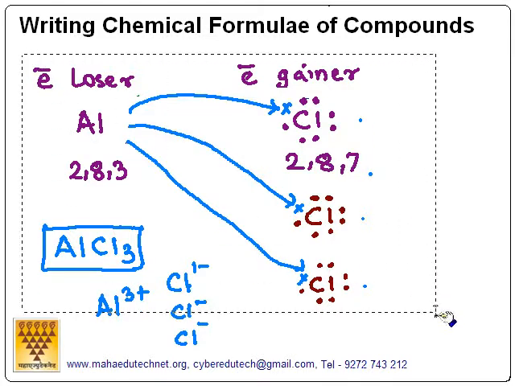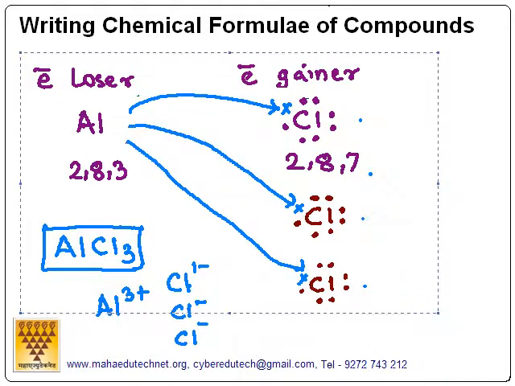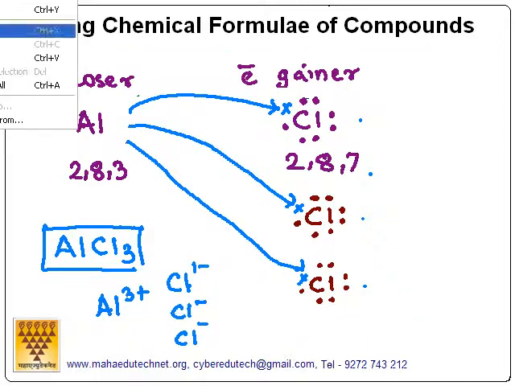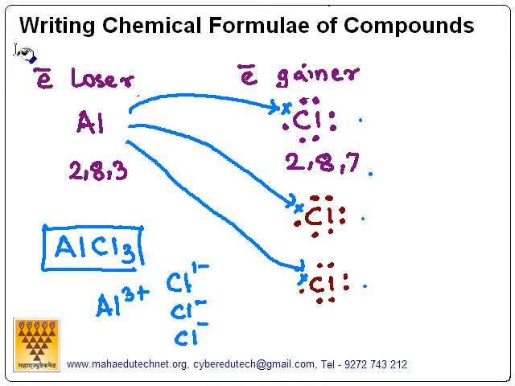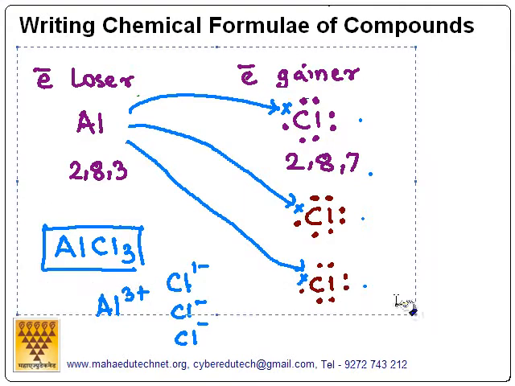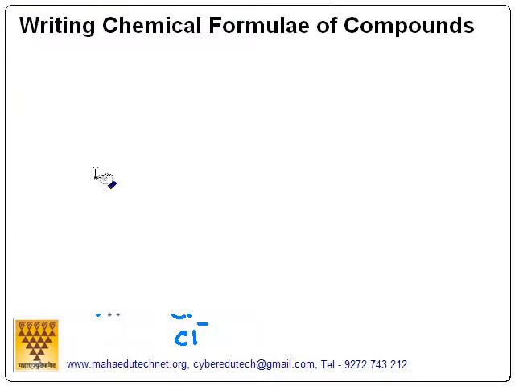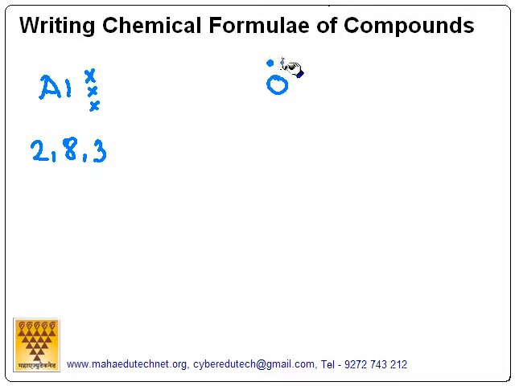Now let us consider one example where aluminium and oxygen atoms come into contact with each other. We know that aluminium has 3 electrons in its outermost shell, whereas oxygen has 6 electrons in its outermost shell.